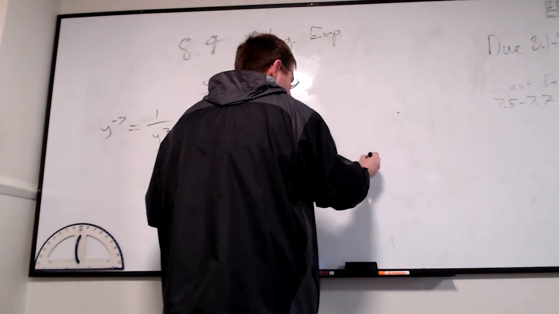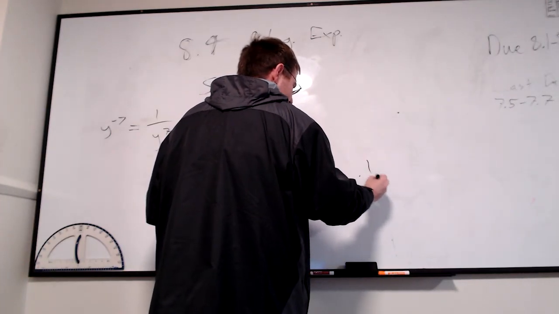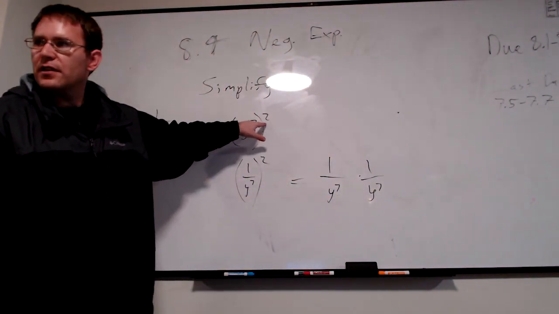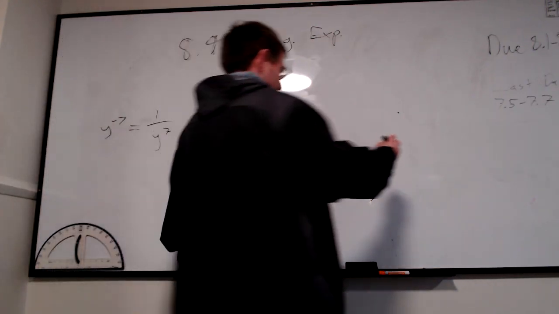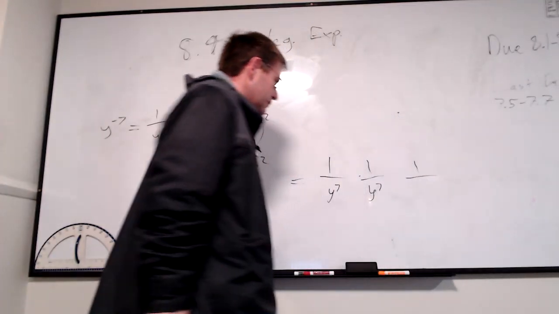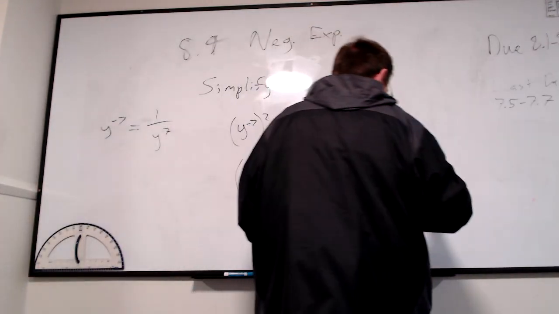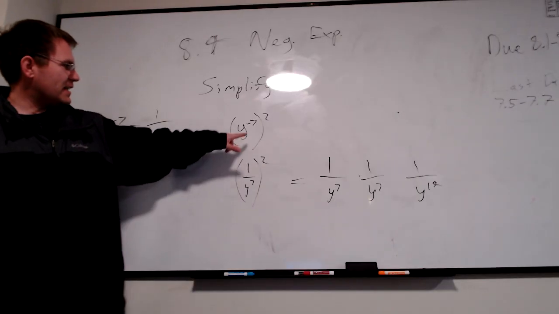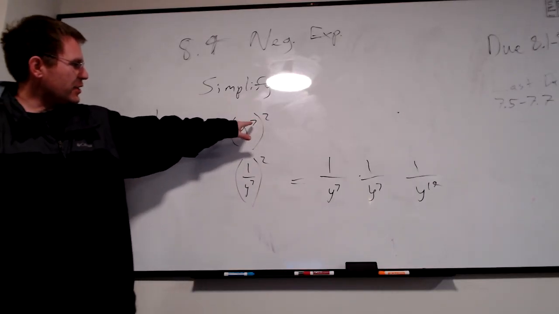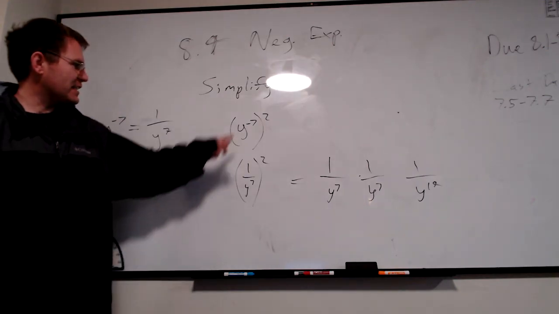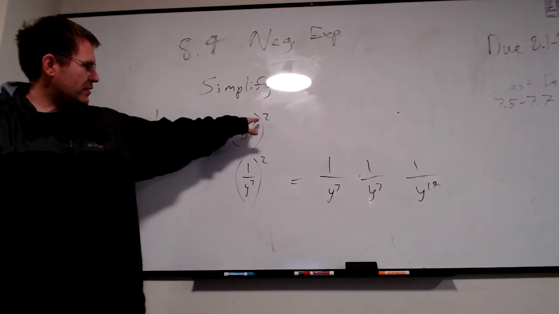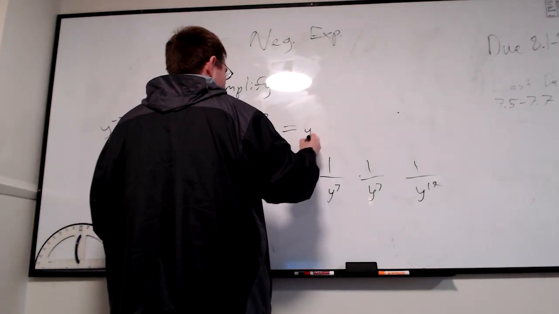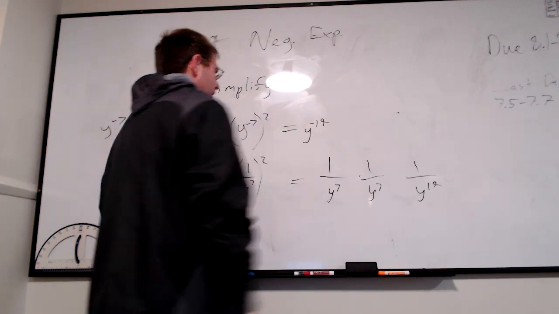So we would have another 1 over y to the 7. 1 times 1 is 1, and y to the 7 times y to the 7 is y to the 14. Effectively it's these two numbers multiplied by each other for the exponent. So this also equals y to the negative 14.